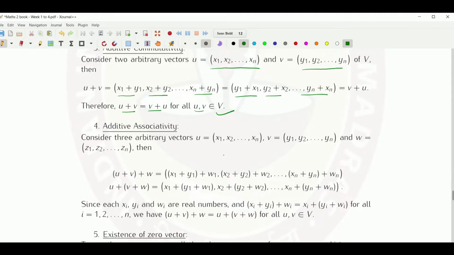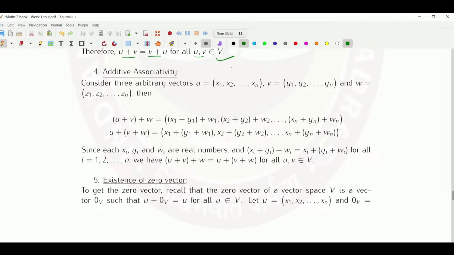Let's see the additive associativity. Consider three arbitrary vectors u, v and w: (x1, x2, ..., xn), (y1, y2, ..., yn) and (z1, z2, ..., zn). Then let's see what u plus v plus w will be: (x1 plus y1 plus w1, x2 plus y2 plus w2, ..., xn plus yn plus wn).